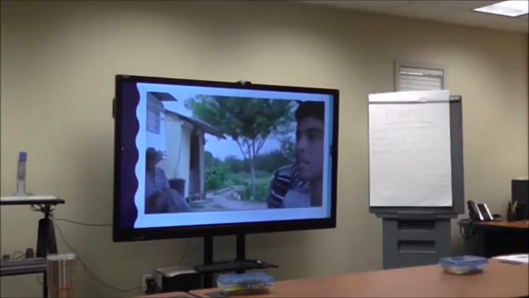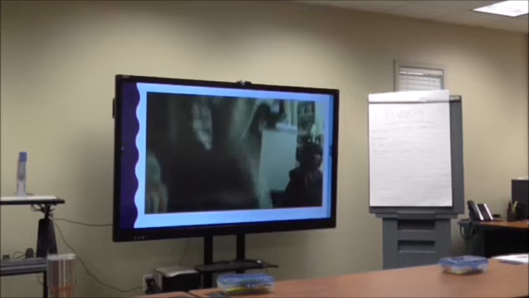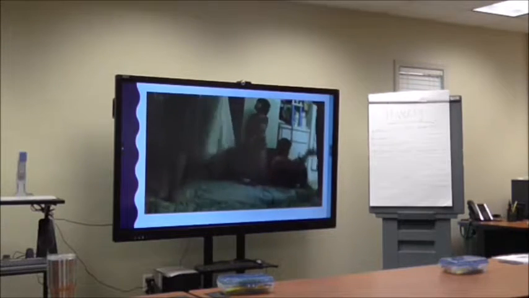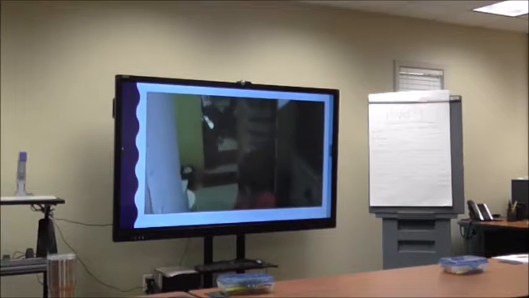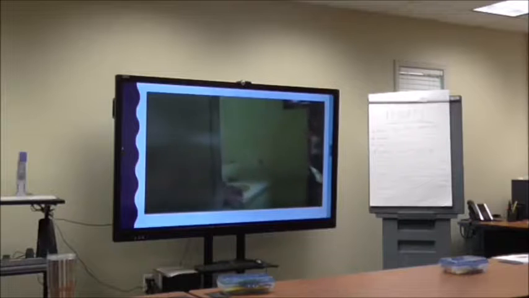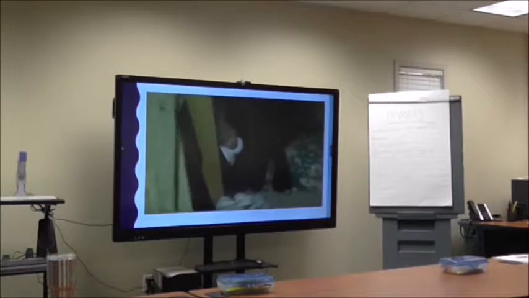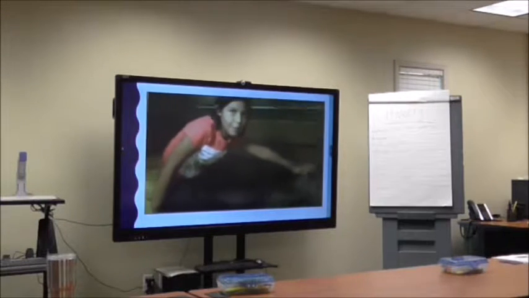The twins, they sleep on top of the bed with my mom. And then my baby brother, the littlest one, sleeps there on the floor with me. And these two, they sleep with my grandparents in that little space up there. So they sleep on the floor, but my grandparents sleep on the mattress. And sometimes the floor's hard, so it feels uncomfortable when you get up, like you feel sore.